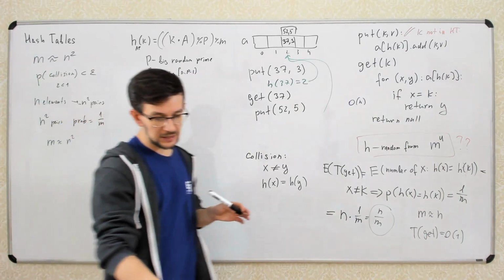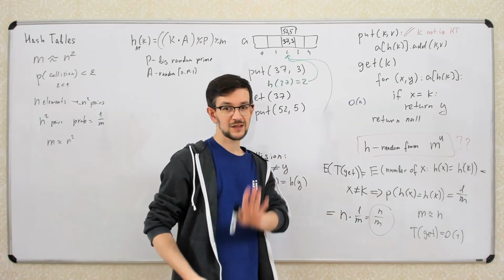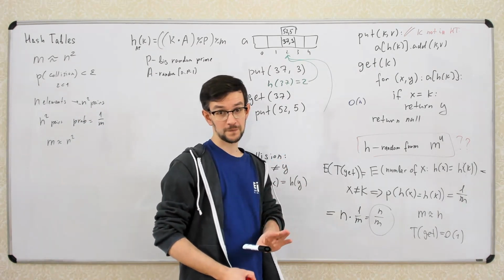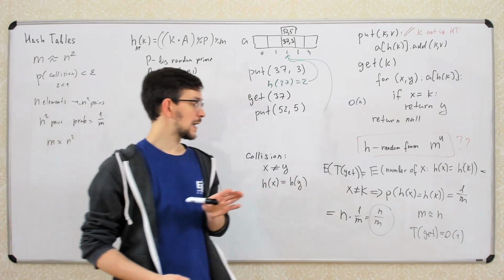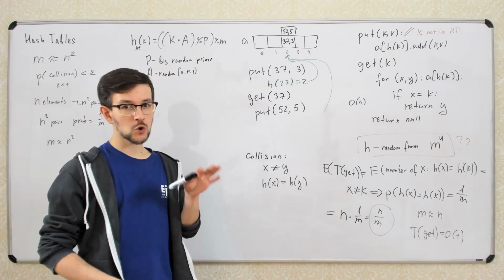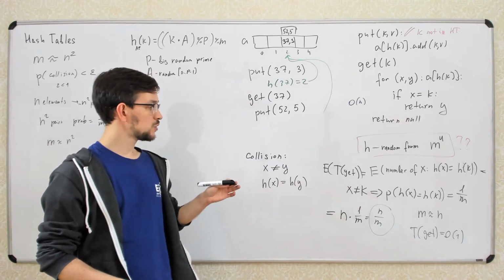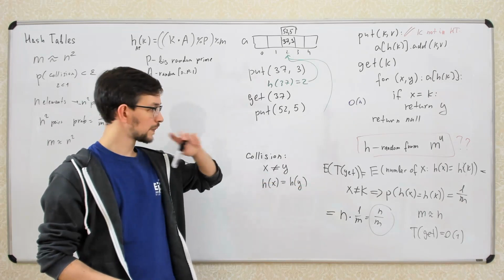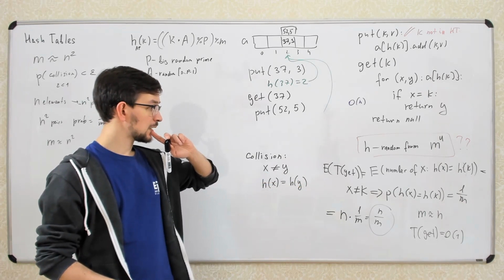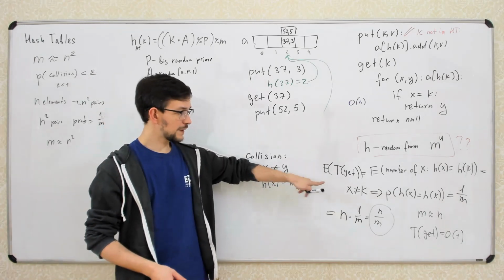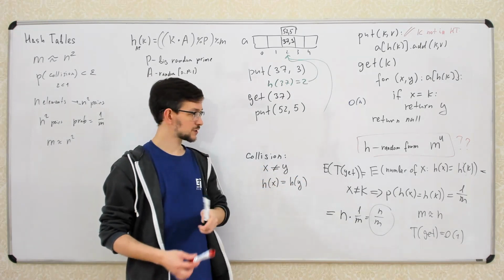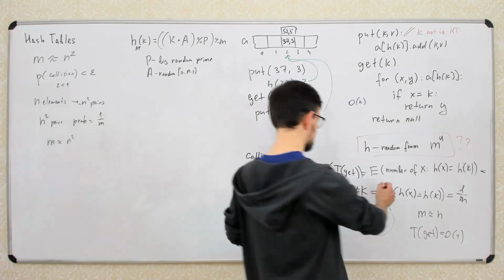In parts like this, you need to be careful and see what actual properties of your functions you need for the proof of your time complexity. In this proof, the only property of the hash functions is this.